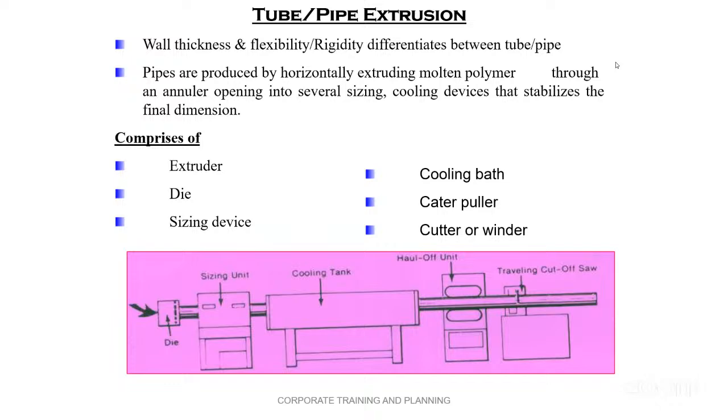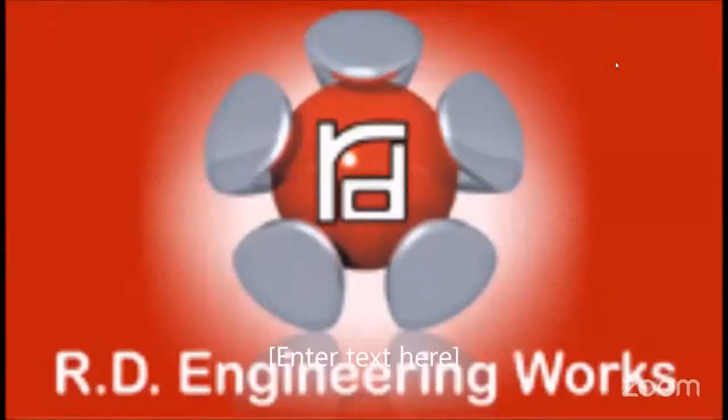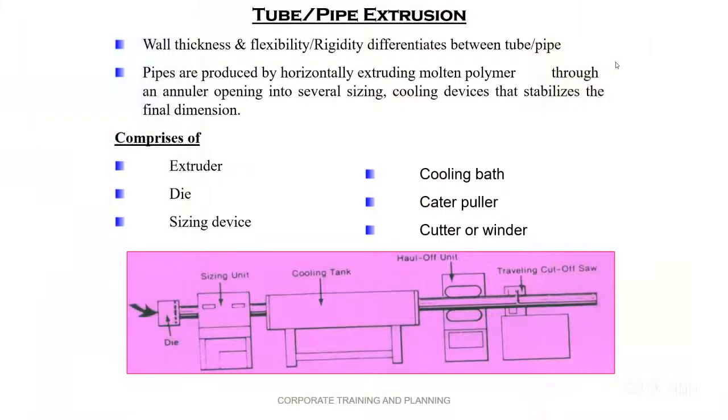Now, friend, we have seen a number of videos about the pipe. The material which we are using for the pipe is polyvinyl chloride. I told you this is the largest consumption in the market. Second is the polyolefins. Polyolefin means polypropylene and polyethylene.